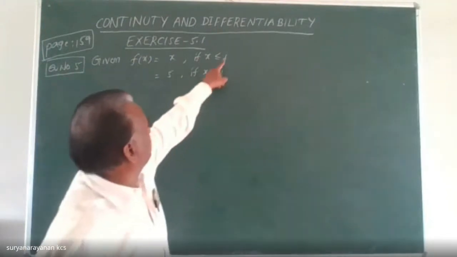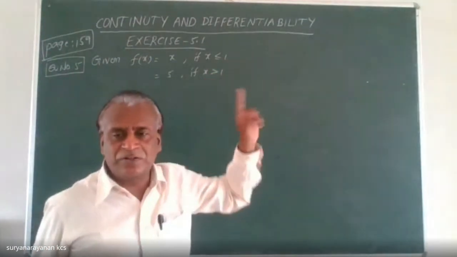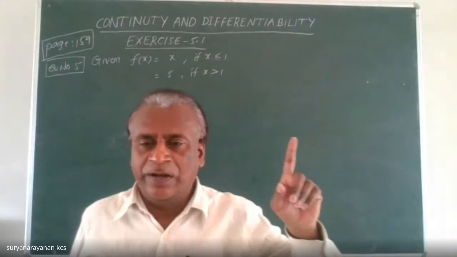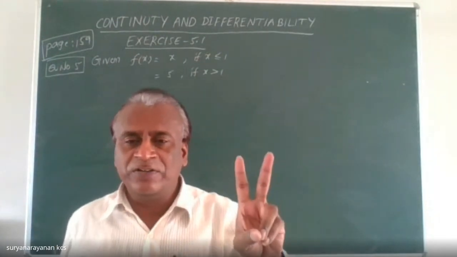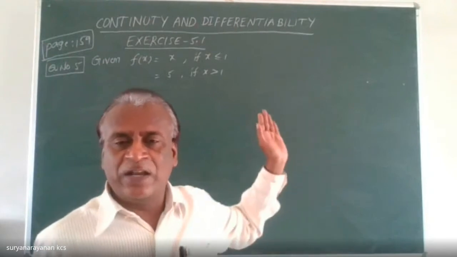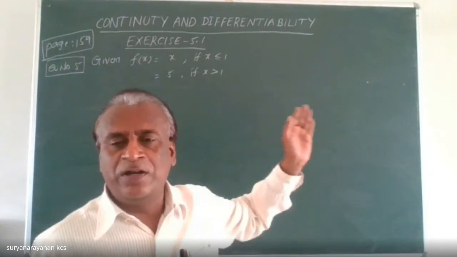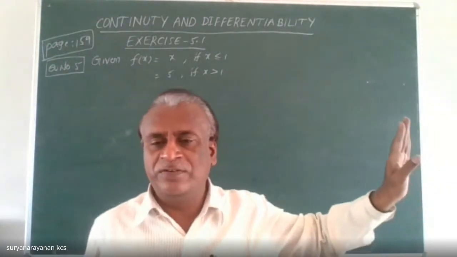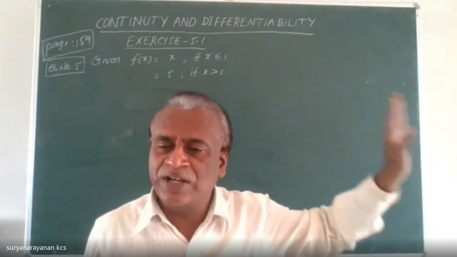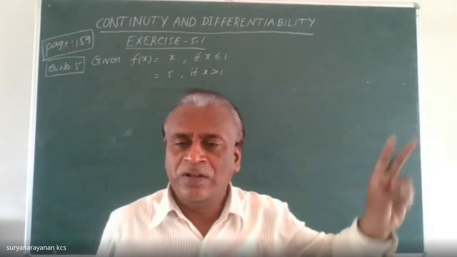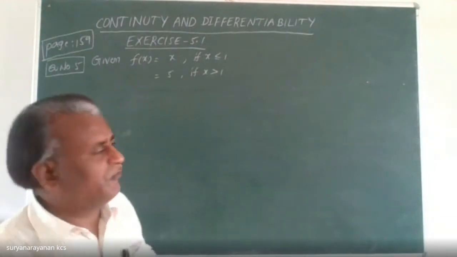At this particular point 1, at this number 1, the function is defined in two different ways. Left side of that particular number 1 and the right side of that particular number 1, the function is defined in two different ways.